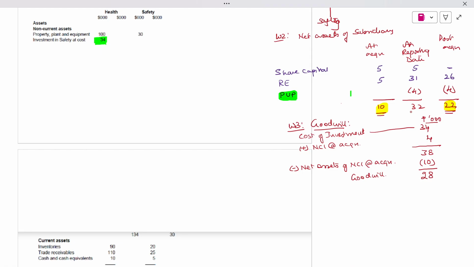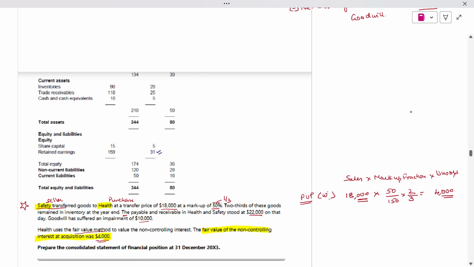Next, what do you have to do? We have to minus this: unrealized profit, impairment.